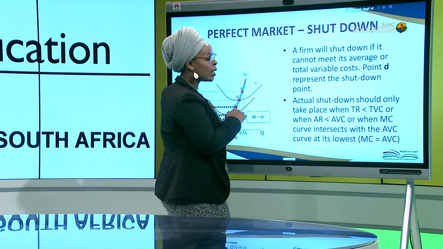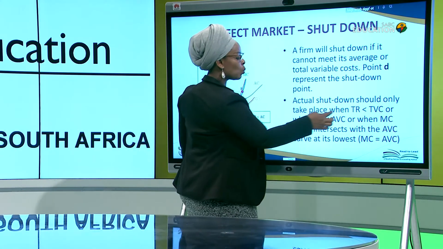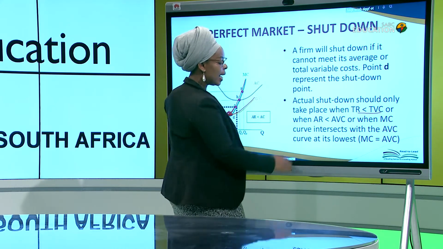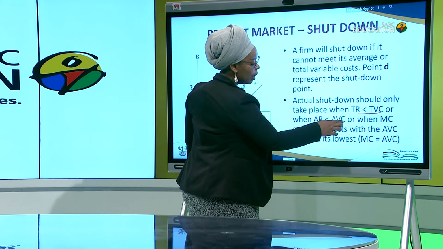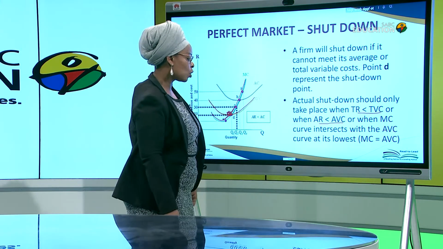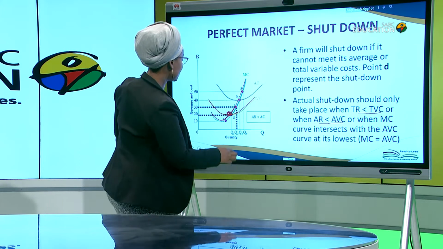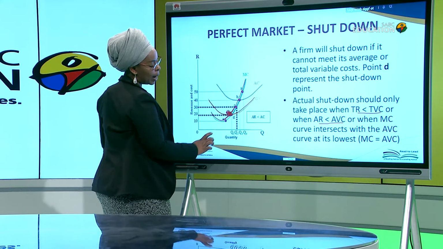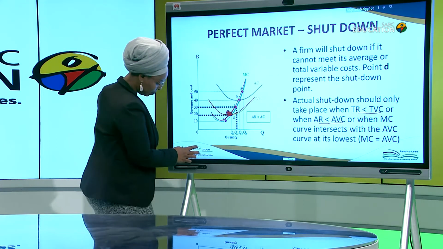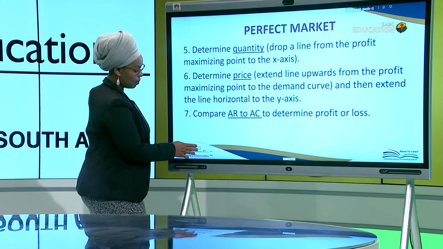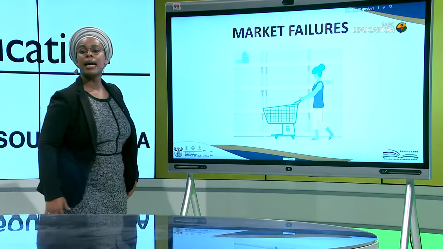Take note that actual shutdown should only take place when total revenue is less than total variable cost and when average revenue is less than average variable cost, or where there is an intersection between the AC and the MC curve at point D. Okay. All these steps I have explained.